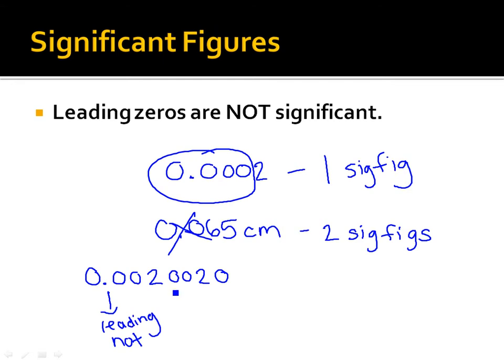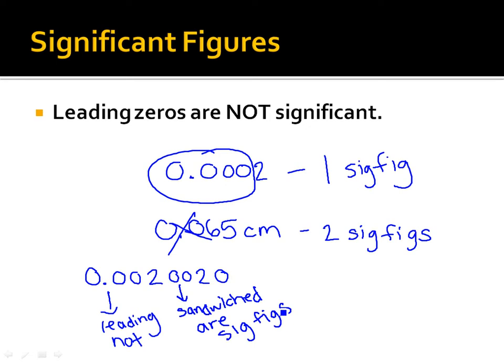If we look at these 2 zeros, these are sandwiched between 2 non-zero digits. Therefore, they're going to be significant figures.